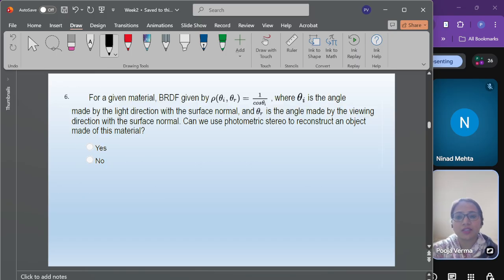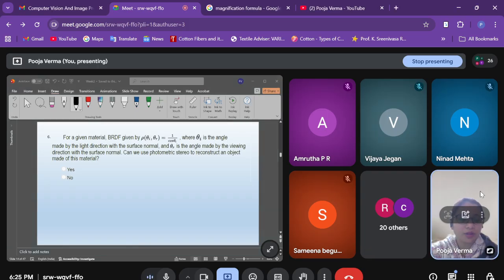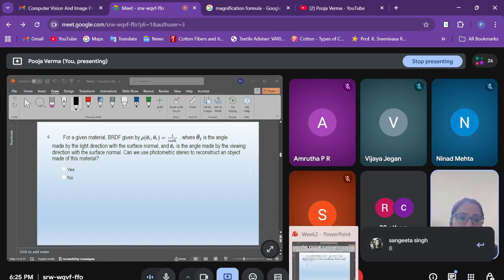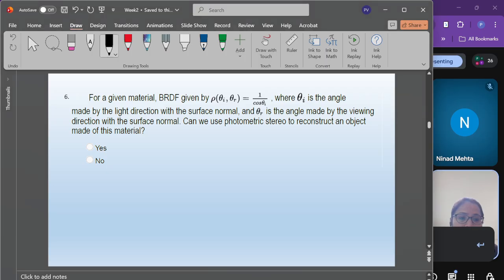Now, the next question: for a given material, the reflectance is given by this equation. Let me just complete this question, then I will show.